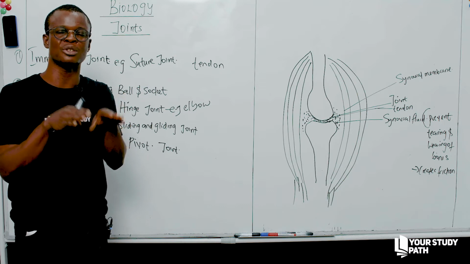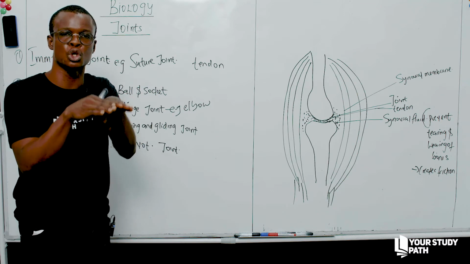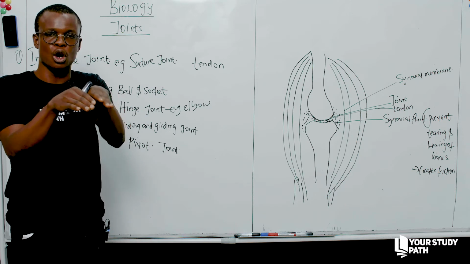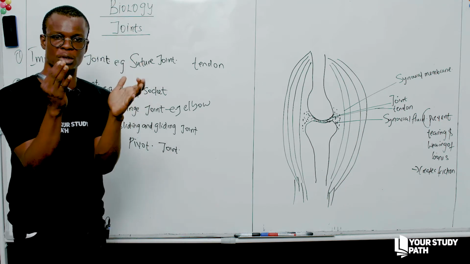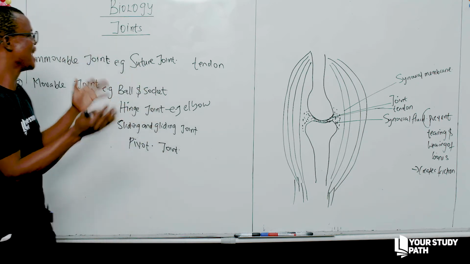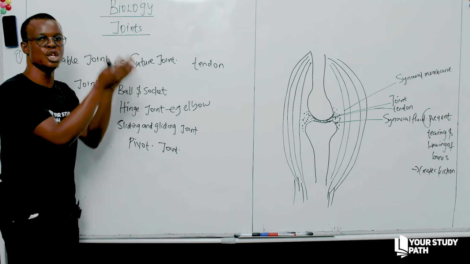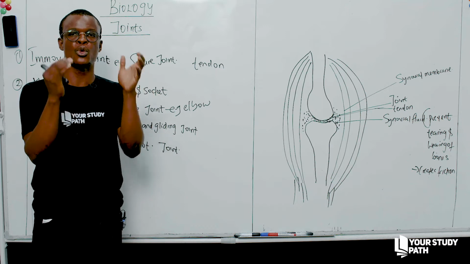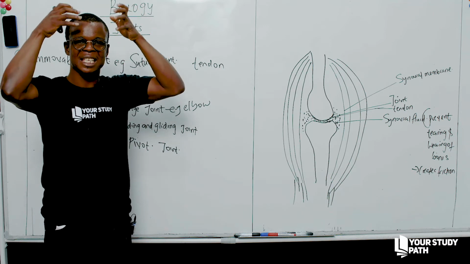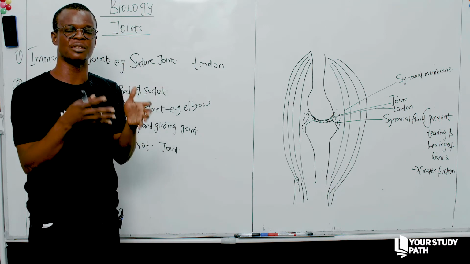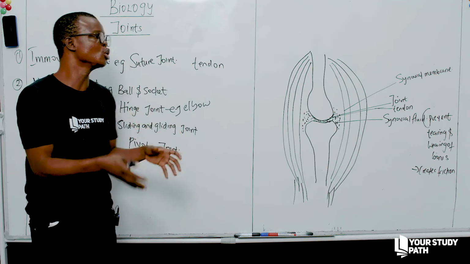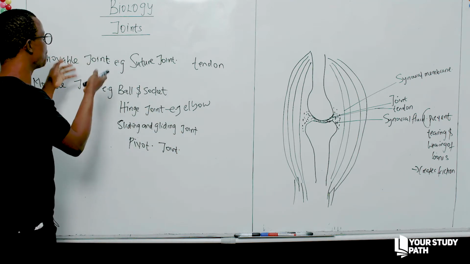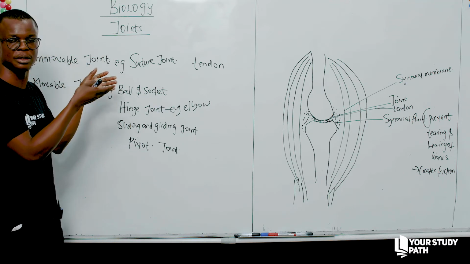So the skull comprises small bones that are sutured, more like gummed together, and they form a brain box that protects the brain against mechanical injury. They also serve as a box where the internal parts of the brain are properly kept. That's the primary function of the immovable or suture joints.